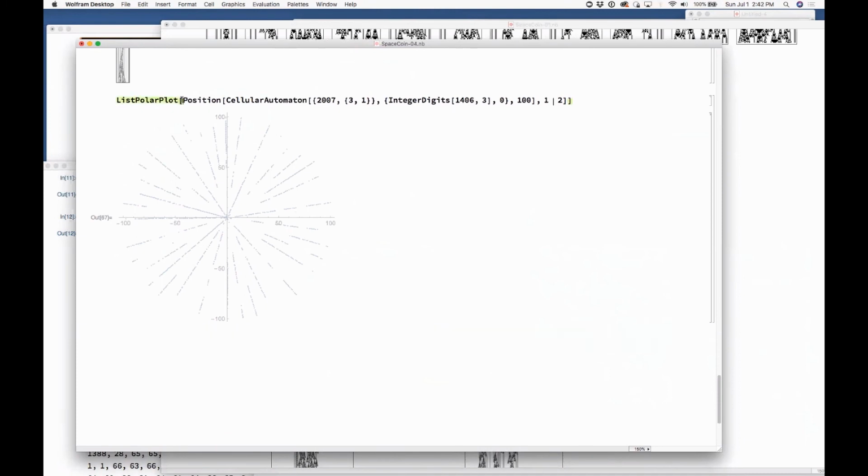Let's see what happens if I say square root of hash 1, and I use that as the radial distance, and then I use as the theta value. Gosh, what do I want to do here?